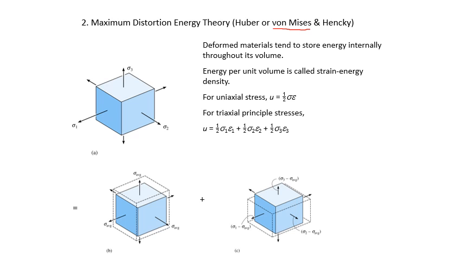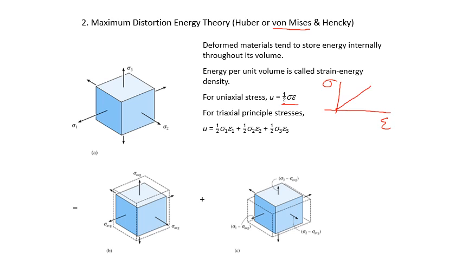Okay, so when we do work on a material by deforming it, it stores the work done or the energy inside the volume. So we have energy per unit volume, called strain energy density, and for uniaxial stress, the strain energy density is equal to half sigma epsilon, or half stress times strain. This comes from our graph of stress-strain, right?